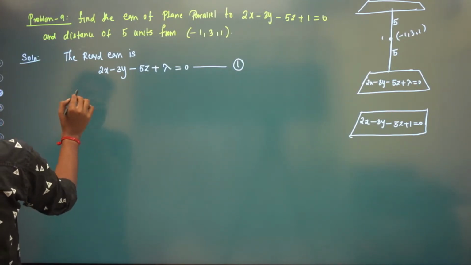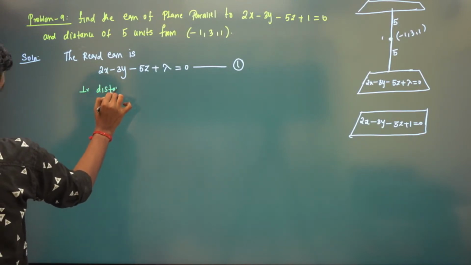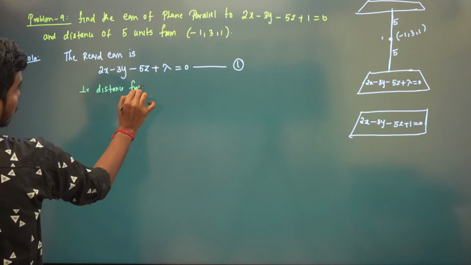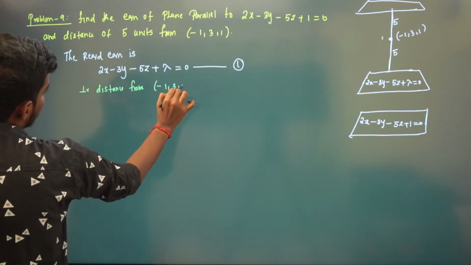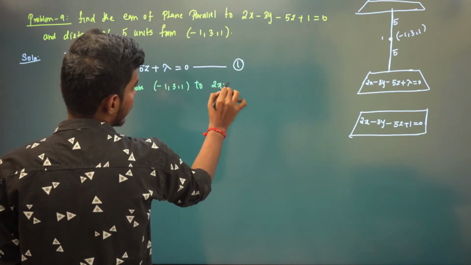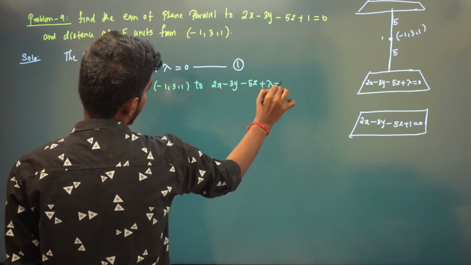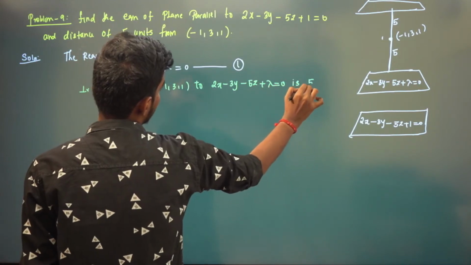So the perpendicular distance from (-1, 3, 1) to the plane 2x minus 3y minus 5z plus lambda is equal to 0 is 5.